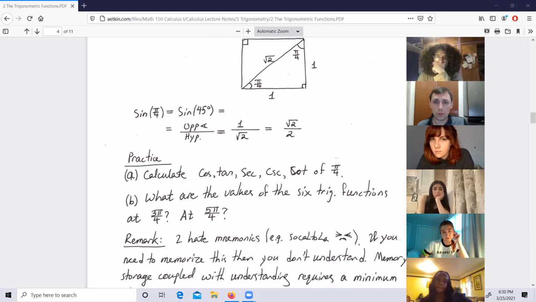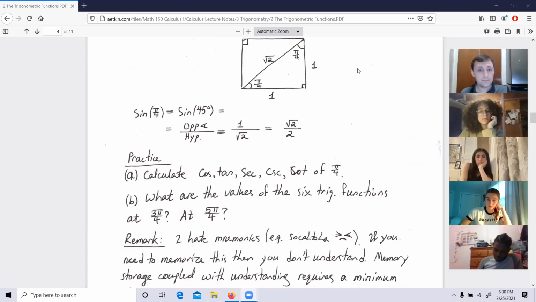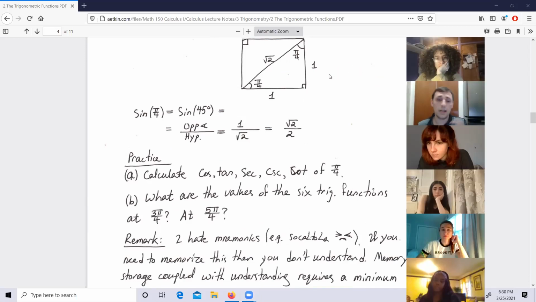Guys, it should not take you any time. I mean, the picture is right in front of your eyes. It should be as long as it takes to type. And you're much faster typers than I am. We don't mess up SOHCAHTOA because we forget about this nonsense, right? In this class, there is no SOHCAHTOA.